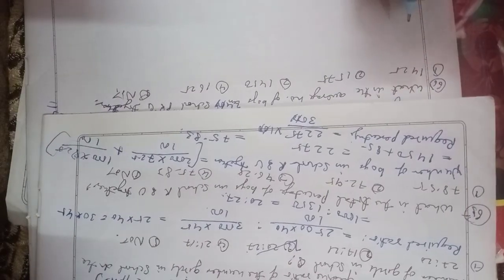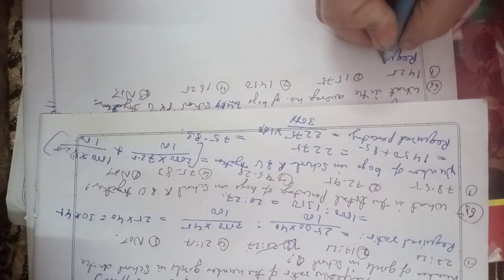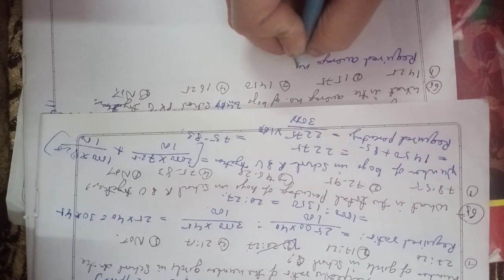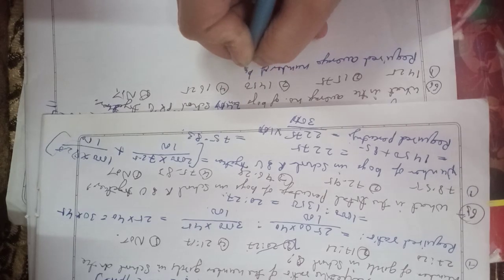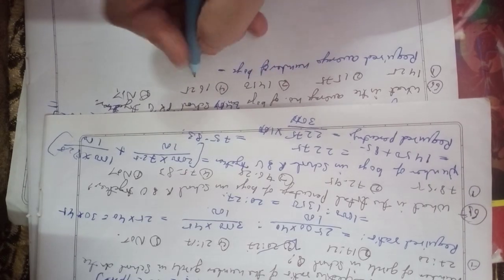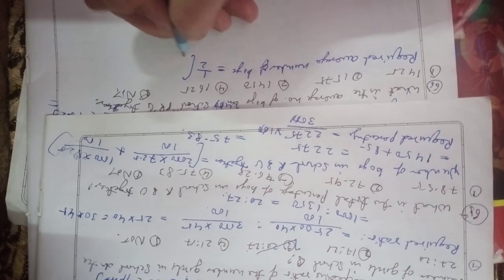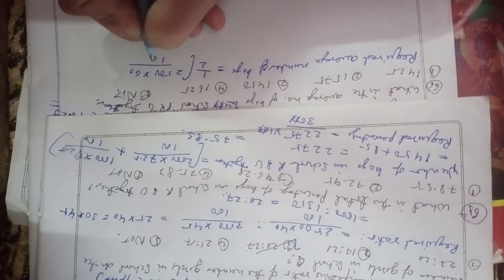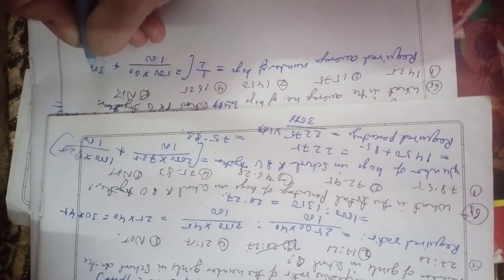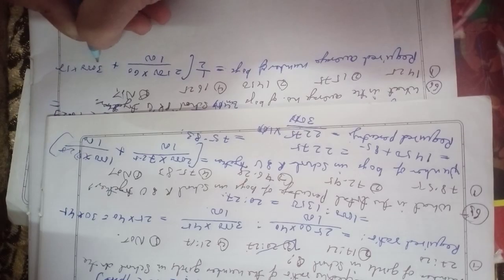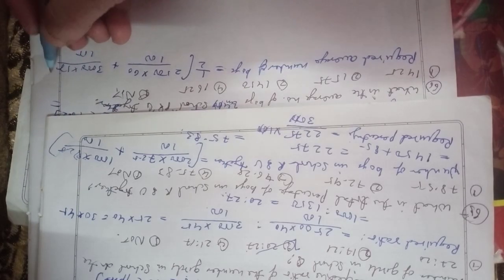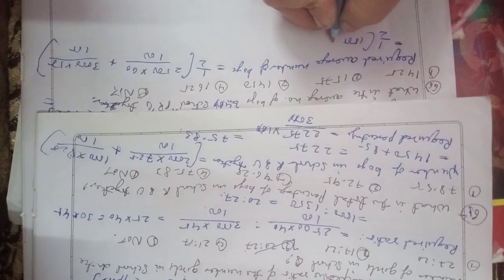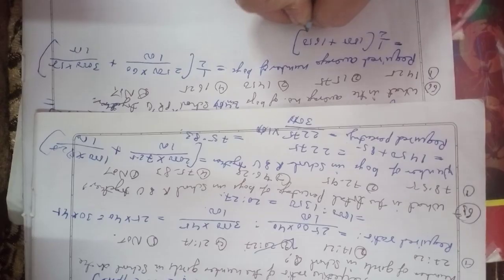And let's go for the solution here itself. Here we go. Required average number of boys equals 1/2 of 2500 into 60 upon 100 plus 3000 into 55 upon 100, equals 1/2 of 1500 plus 1650.